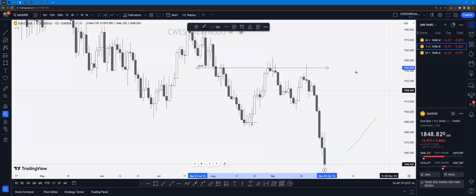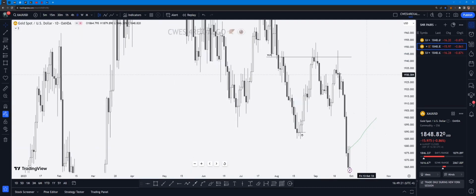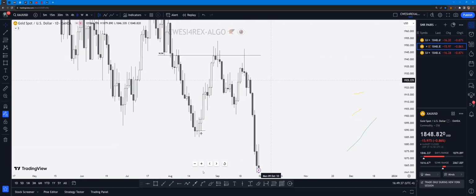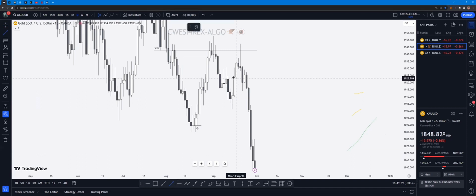And on the daily time frame, if you don't have any breakout, though price is rejecting a weekly level, what you can do is look at the last bullish decisional candle that led to this push up over here.